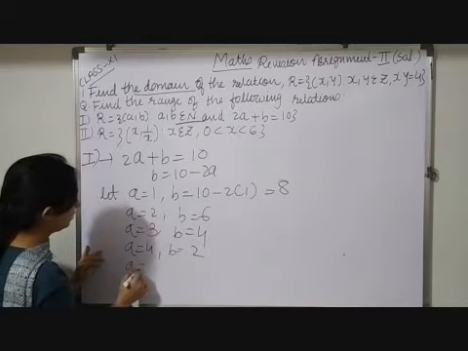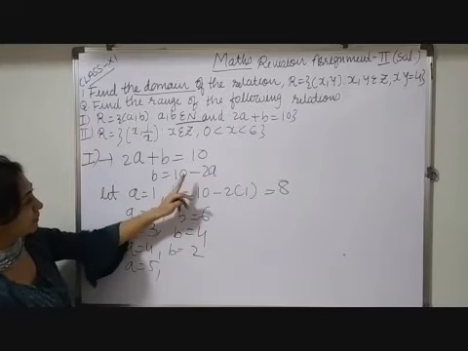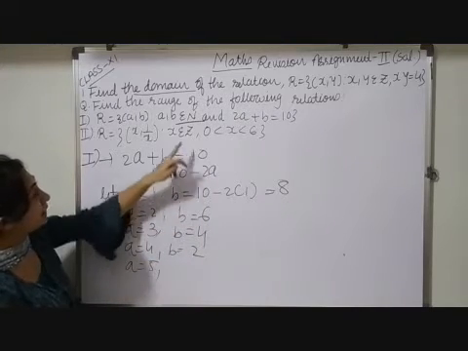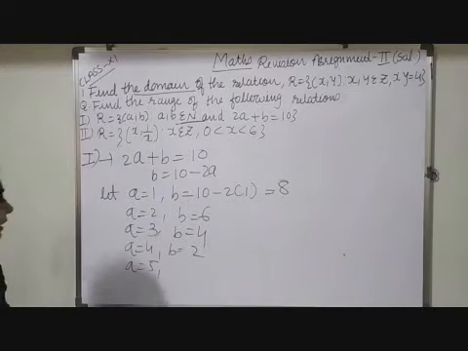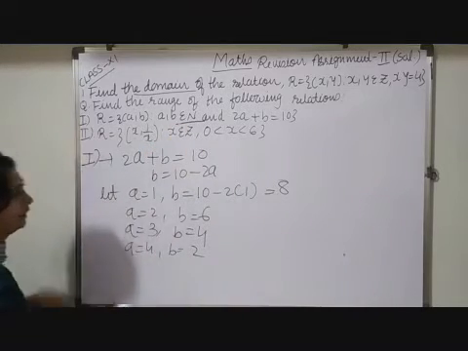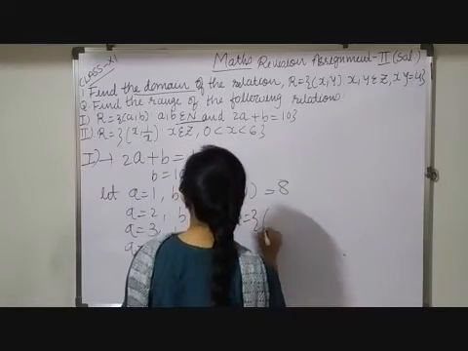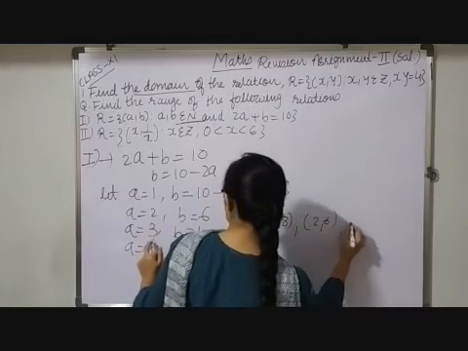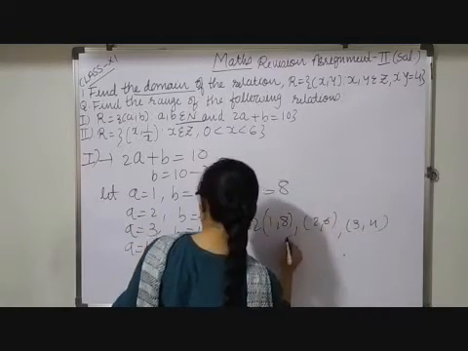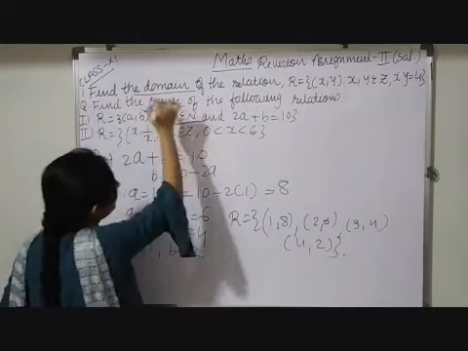If we choose a equals 5, 5 2s are 10, 10 minus 10 we are getting 0, but 0 does not belong to natural numbers. So till here only we can proceed. So here our set R in ordered pairs will be (1, 8), (2, 6), (3, 4), and the last is (4, 2).